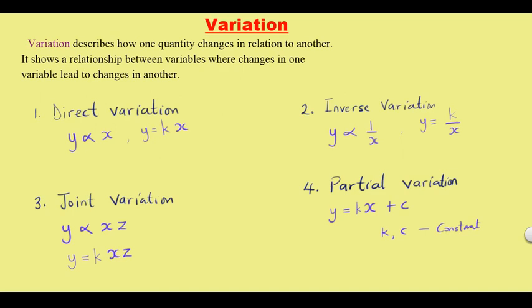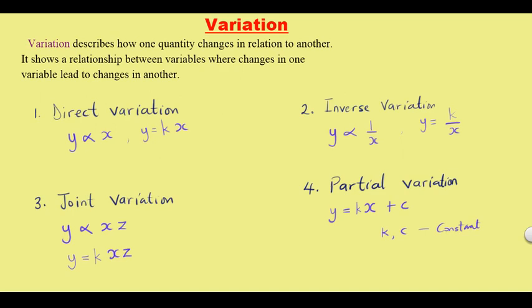However, based on how you increase the intensity of it, we may also charge a particular amount. Such is partial variation because there is a fixed amount and there is also a particular amount that you deposit for it.